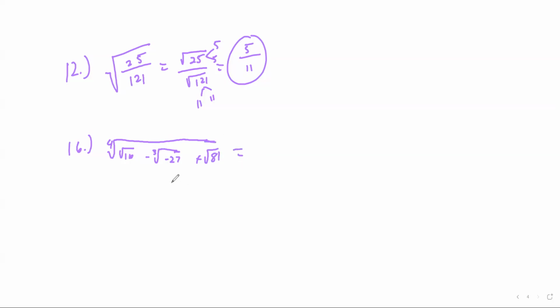So again, in grouping, I need to work within the most inner groups first. So the fourth root will just hang out here. And I've got to do each one of these as its own separate grouping. So the square root of 16 is 4 times 4, so that means that's going to be a perfect square. Minus the cube root of negative 27 is negative 3, negative 3, negative 3, so that's going to be a negative 3 that comes out.